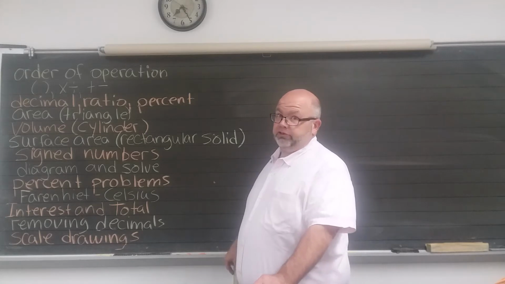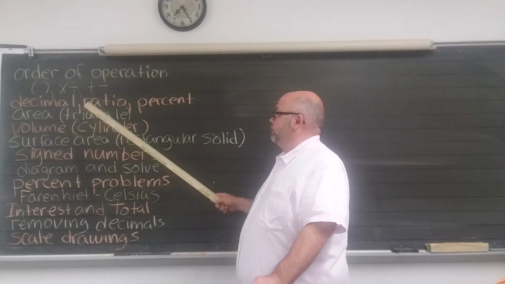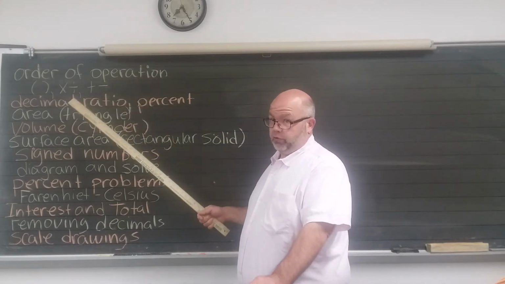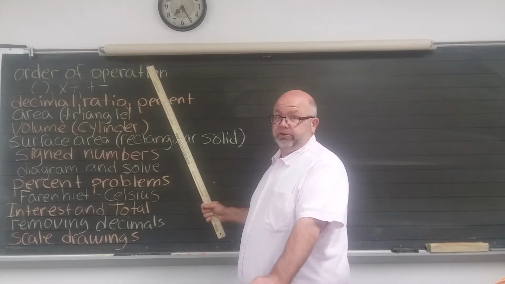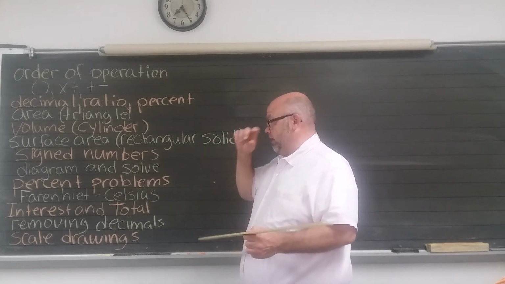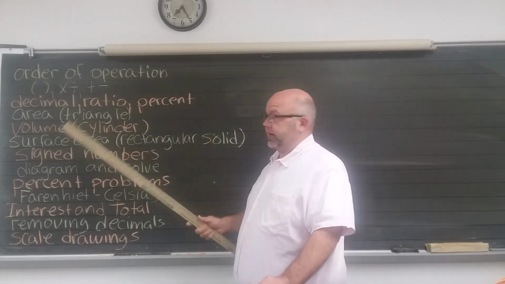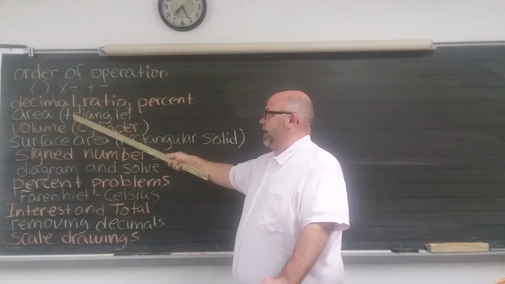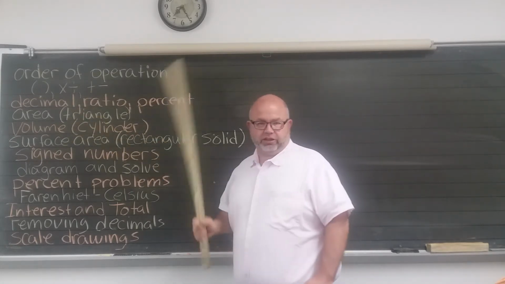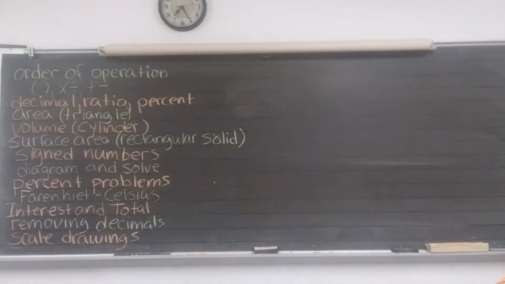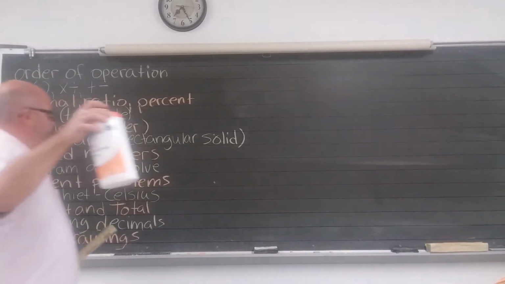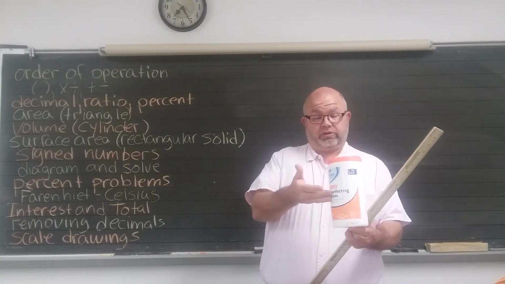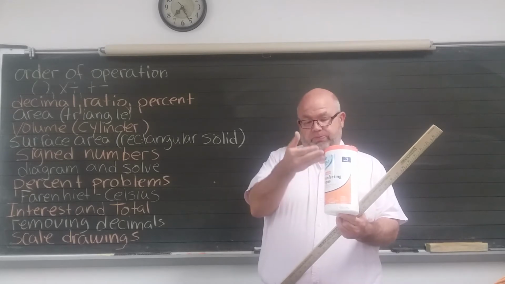These are the formulas you need to know. You will have to solve the area of a triangle. So know that formula, and I'm not going to reveal that to you, okay? You should have it memorized by now, and if you don't, there's a page in the back, but you're going to have it memorized. You can't look in your book for the formula. Area of a triangle, volume of a cylinder. A cylinder is this thing right here. So the volume, how much space is inside this thing, okay? Not the surface area, but how much space is inside.